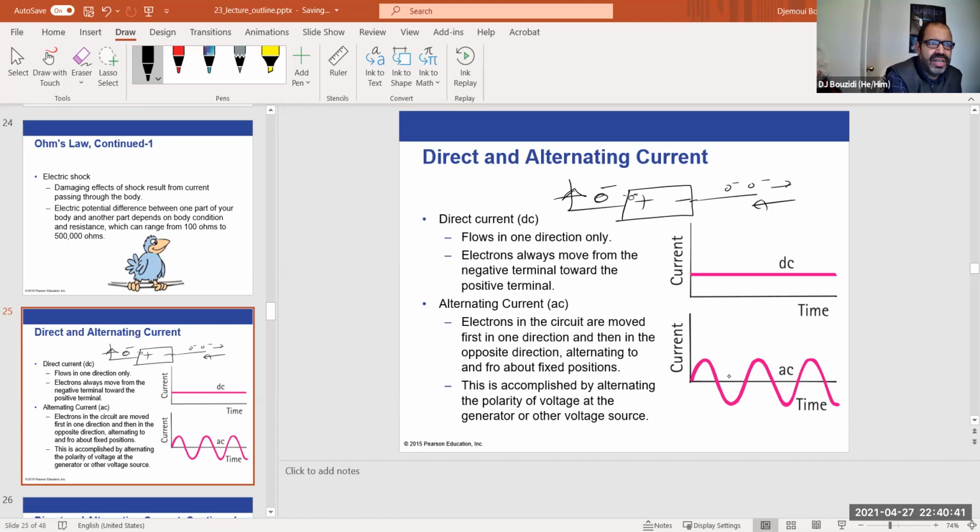So it's going to drag that electron and move it to where there is a bunch of electrons already accumulated in that region. It's going to move it against its will in there, and then this process continues, as long as the battery is still good. Now, if I think of it in terms of positive charges, the picture is the reverse. For the AC current, it's changing, it's alternating. That's what the A stands for, alternating.